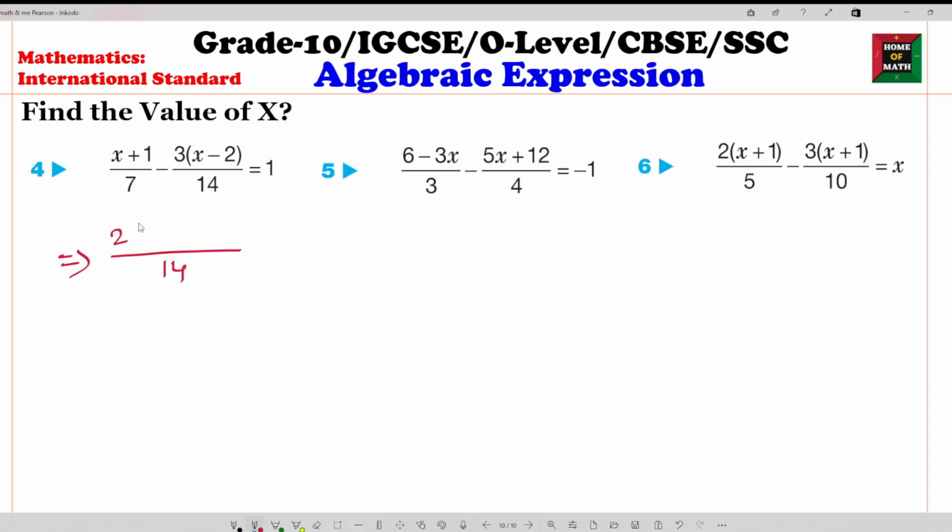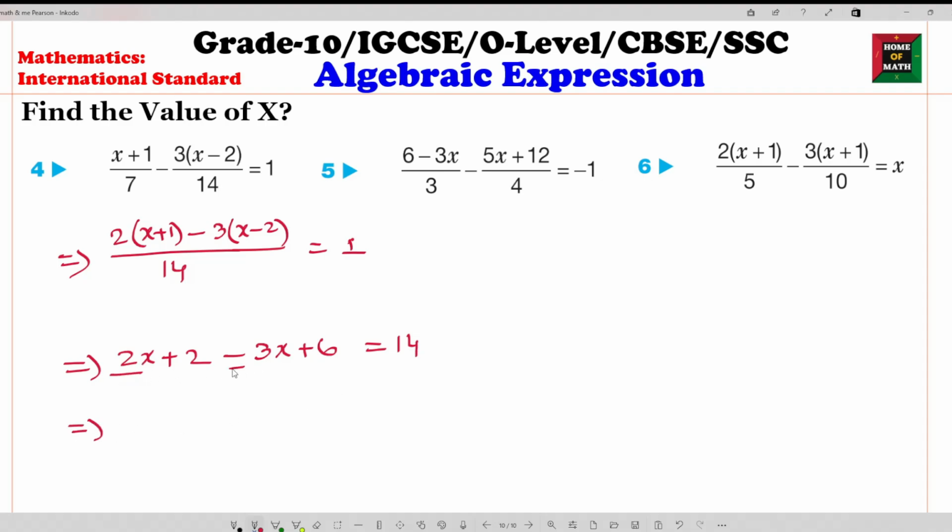So here is 2 times (x plus 1) minus 3 times (x minus 2) equals 1, and once we multiply both sides by 14, so here is 2x plus 2 and minus 3x plus 6, and here is 14. Now 2x minus 3x will become minus x, plus 6 plus 2 will become plus 8.